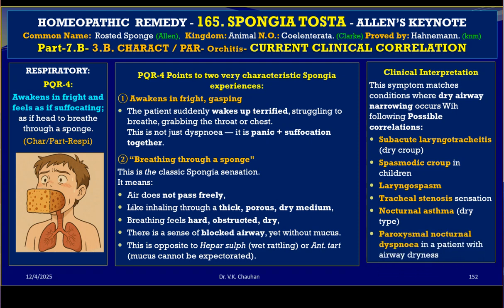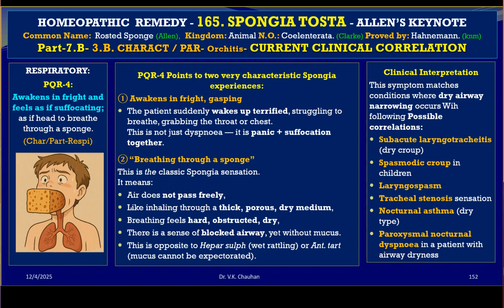Paroxysmal nocturnal dyspnea is a very uncommon thing, but that should be thought of in cases of an elderly person, maybe having respiratory dryness. Paroxysmal nocturnal dyspnea is a symptom of cardiac failure, and a cardiac failure patient may have many conditions, because an elderly person may have diabetes, hypertension, coronary artery disease, valvular heart disease, or cor pulmonale.